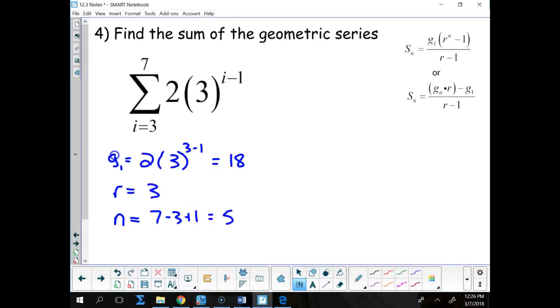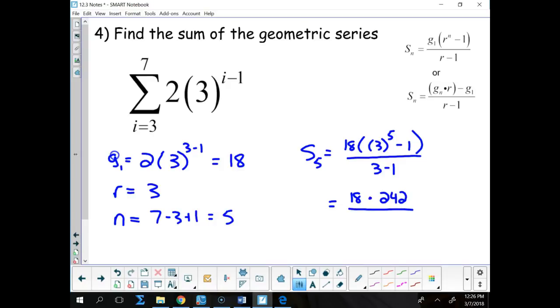So the sum of the first 5 terms is going to equal my first term, 18, times my R value, 3, to the 5th power minus 1, all over 3 minus 1. 3 to the 5th power is 243. 243 minus 1 is 242. 3 minus 1 is 2.